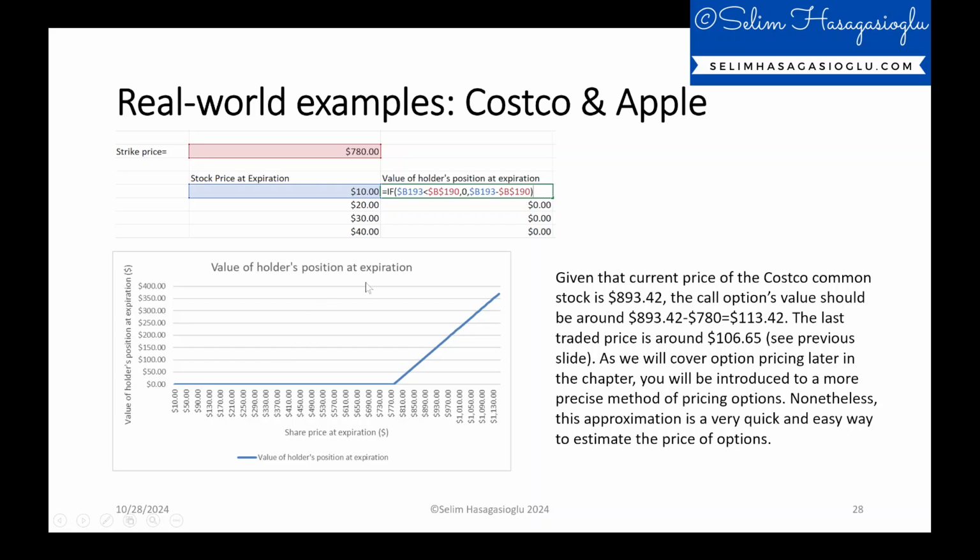And when you do that, you will have this diagram for the value of the holder's position at expiration. Again, we have share price at expiration on the horizontal axis and value of holder's position at expiration on the vertical axis. Here you can easily see what this means for the option holder.